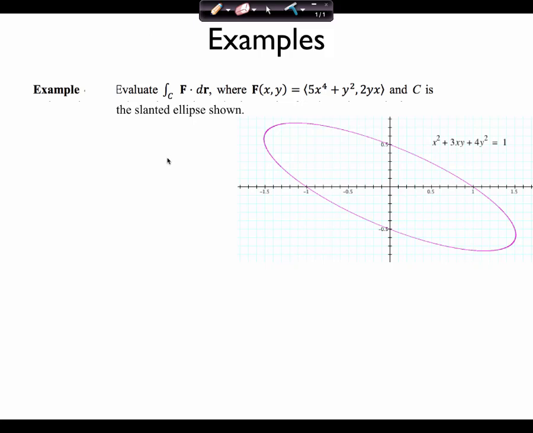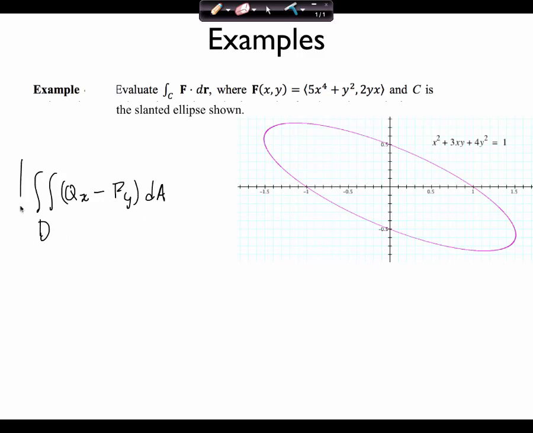And then a question might say, evaluate this for a particular region. That's like taking a sledgehammer and hitting you on the head. Look, what are they telling you to do? Use Green's theorem.